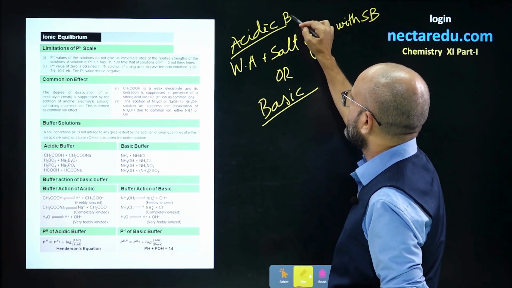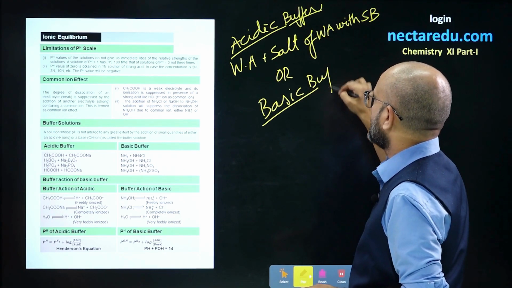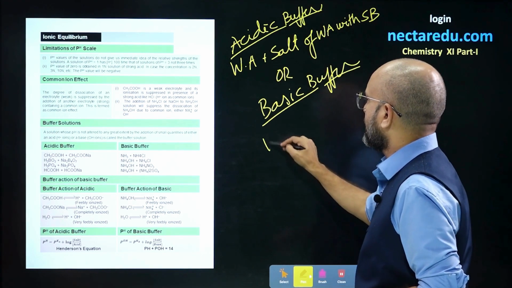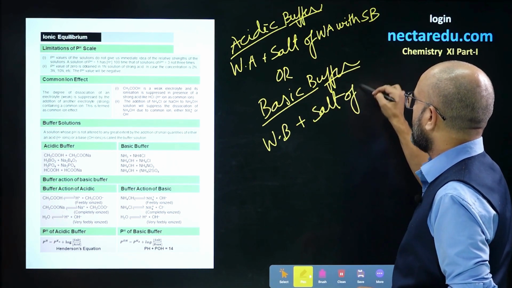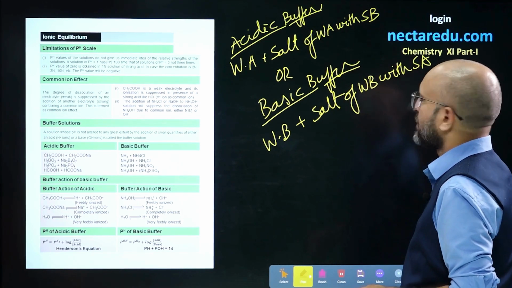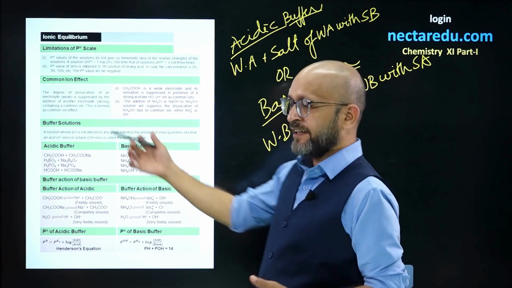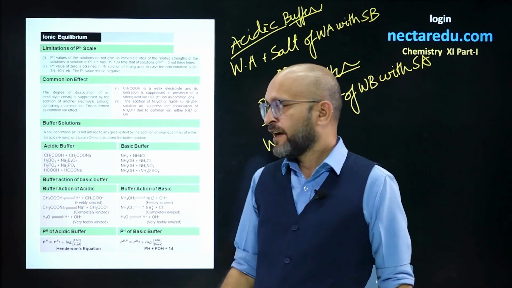The basic buffer will be like this: we take weak base plus salt of weak base with strong acid, right?